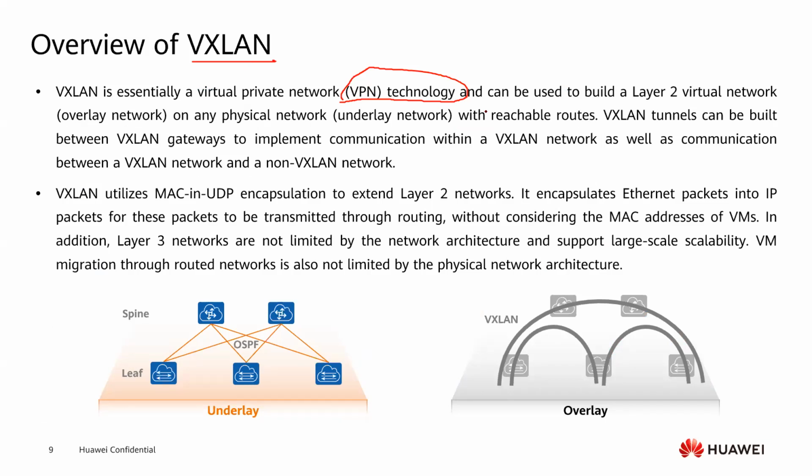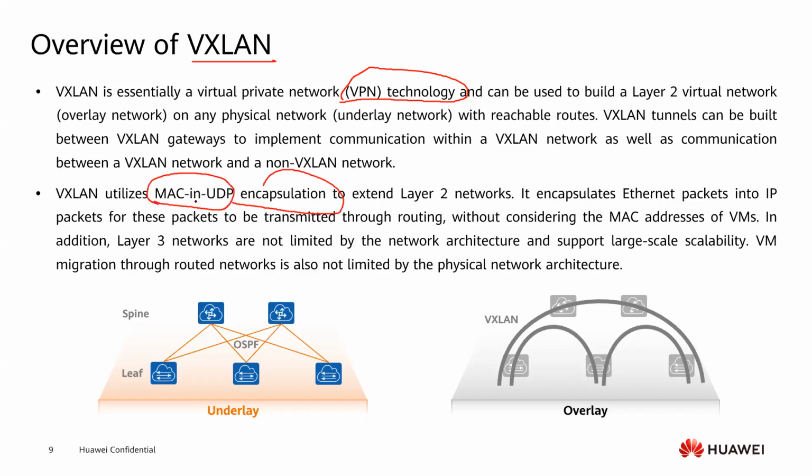For example, from this data center to another data center, from this city, maybe Hangzhou, to another city, maybe Los Angeles in the USA, it doesn't matter. So we can build a logical layer 2 network. Another thing we need to learn about VXLAN is that its encapsulation is like MAC in UDP.